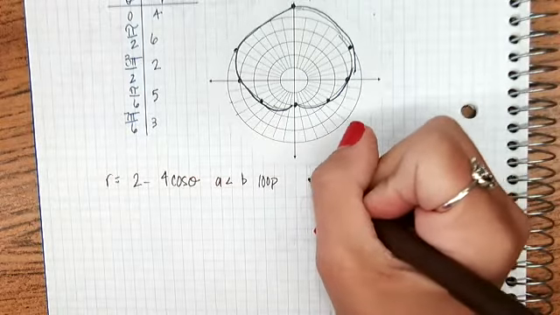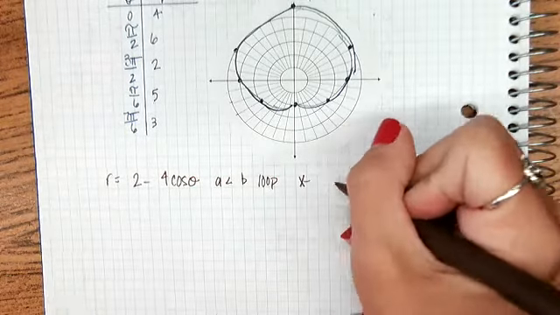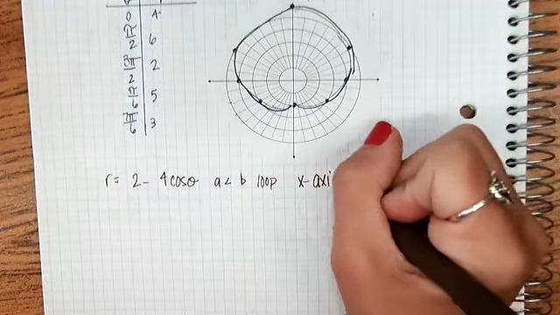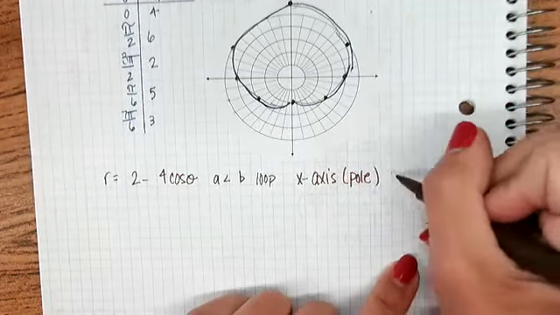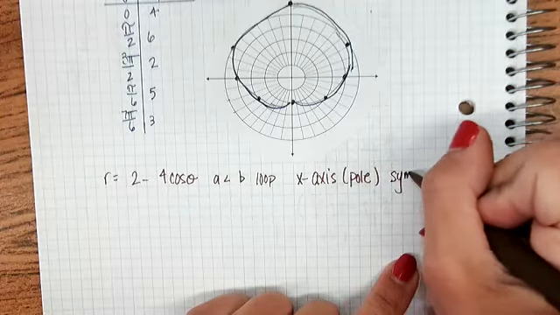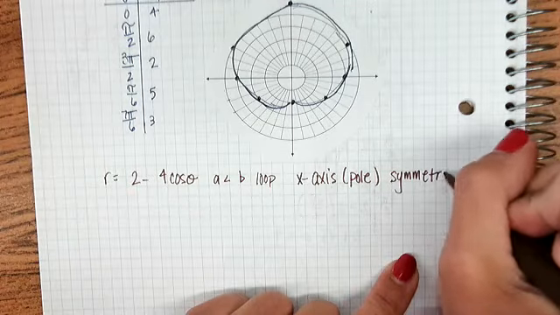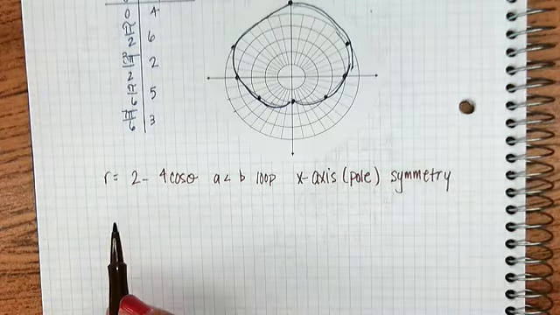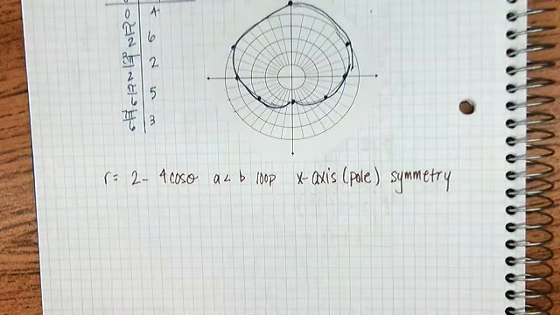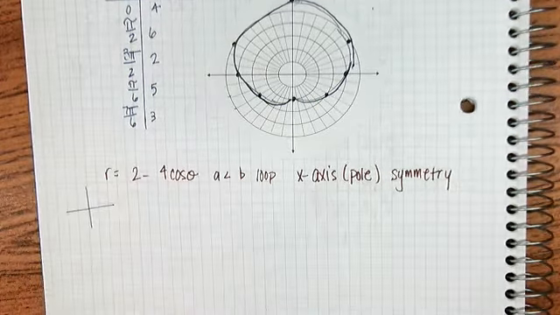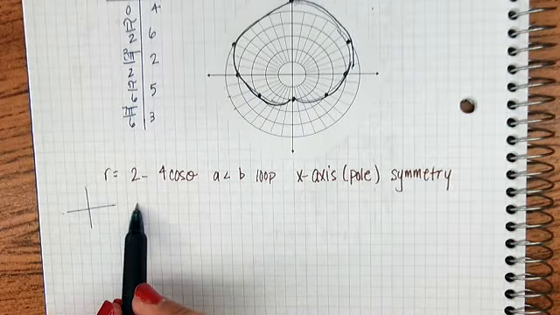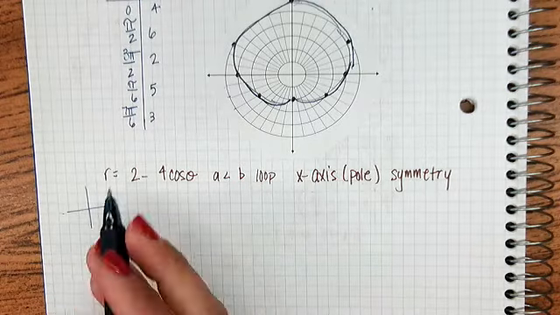This is a cosine curve, so it is going to have x-axis symmetry, pole axis symmetry. And this is a negative cosine curve. Cosine, x-axis, negative, quadrants 2 and 3.